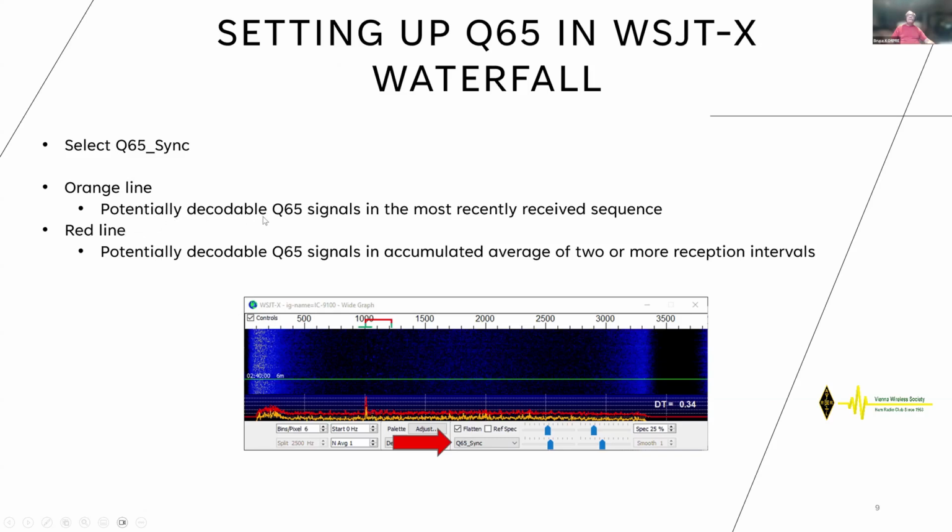The orange line is the chance that there's a signal that is decodable in the most recent sequence that you've gone through. So, like right here, it's saying there might be something there. And the red line is the accumulated average. So you'll see the red line start getting bigger and bigger as things start to hone in on a signal.